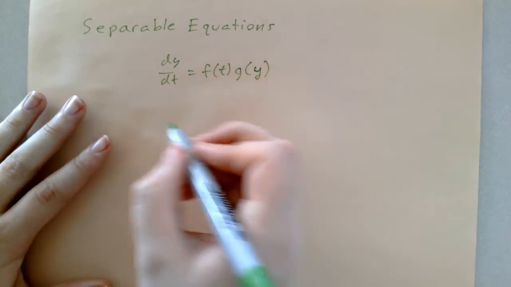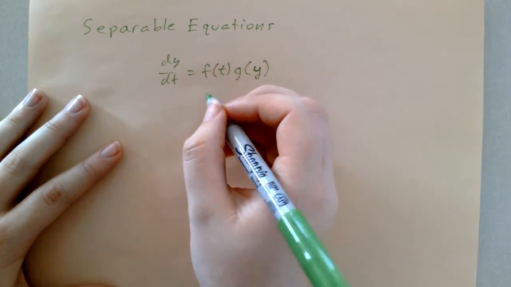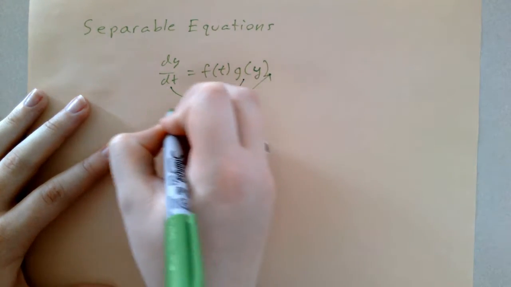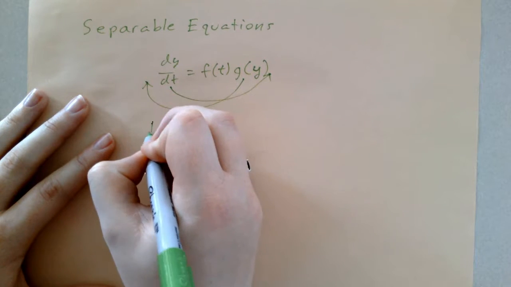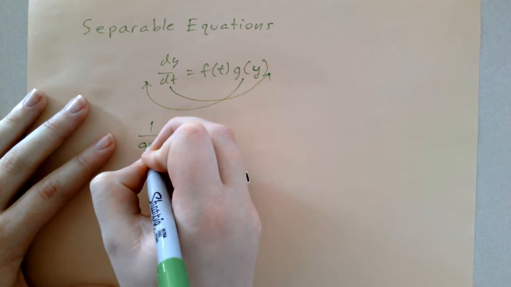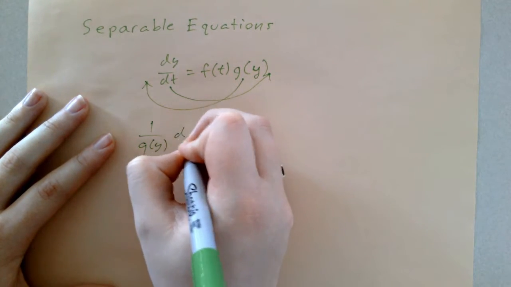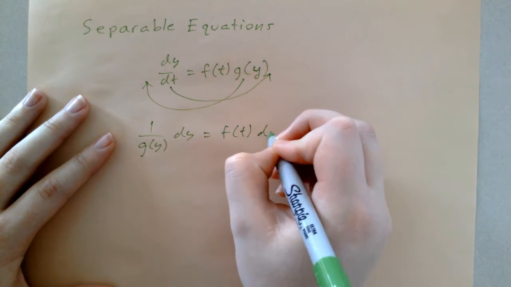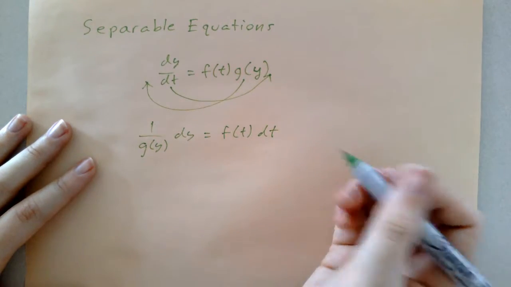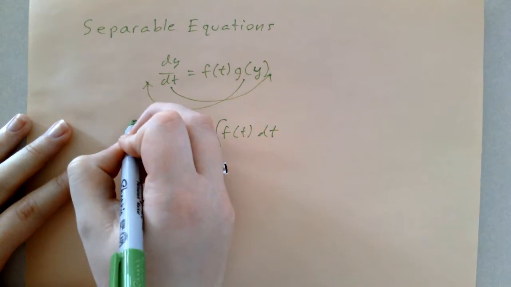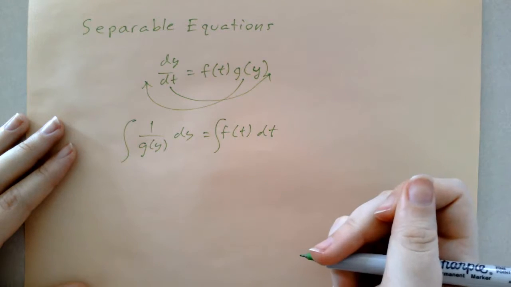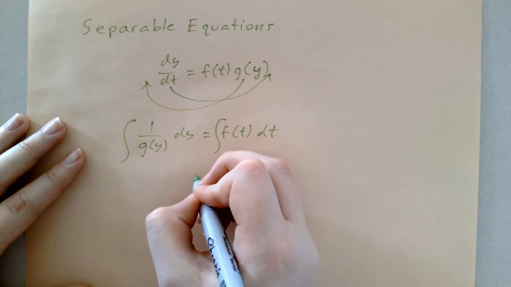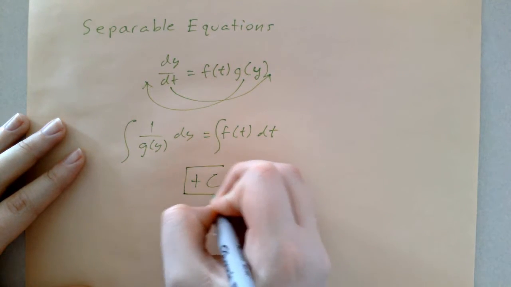And you can see why you'd be able to separate this, because you can multiply your dt across and divide your g(y) across so that you have 1 over g of y dy is equal to f of t dt. Now all you need to do is to integrate both sides, and you can solve for y. An important thing to remember with these equations is that plus c is very, very important.